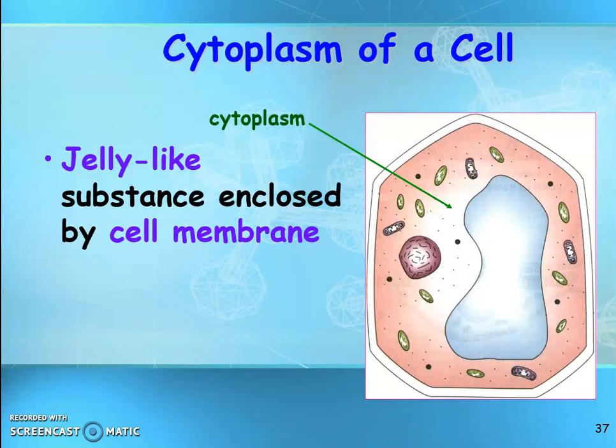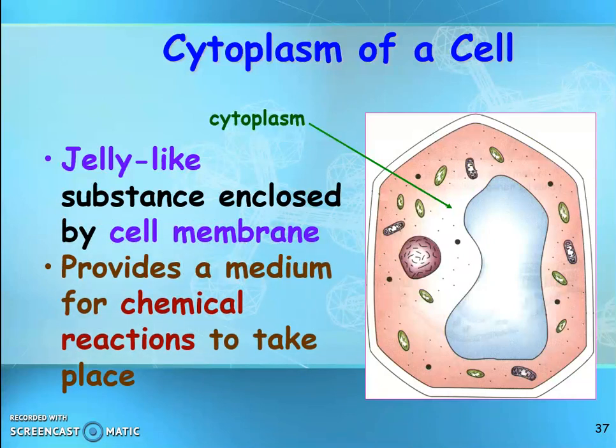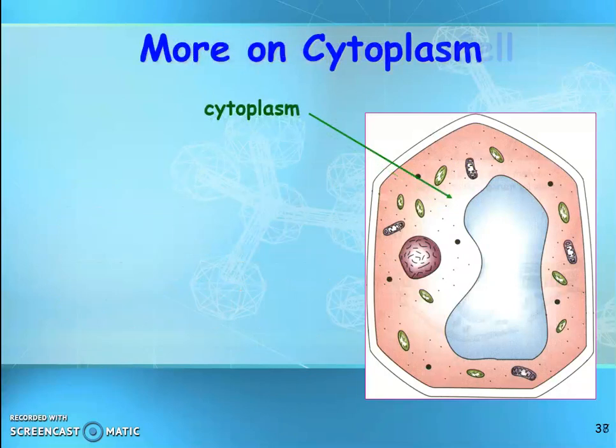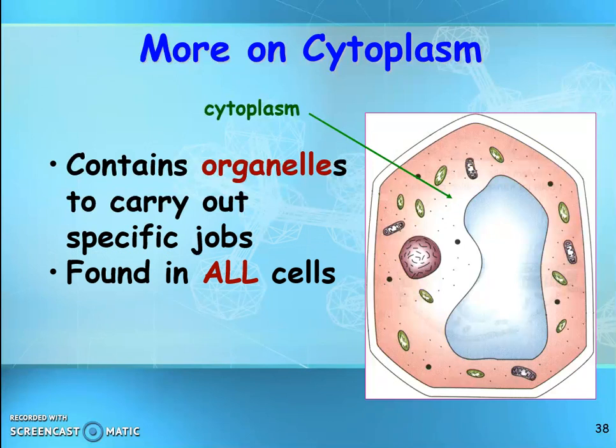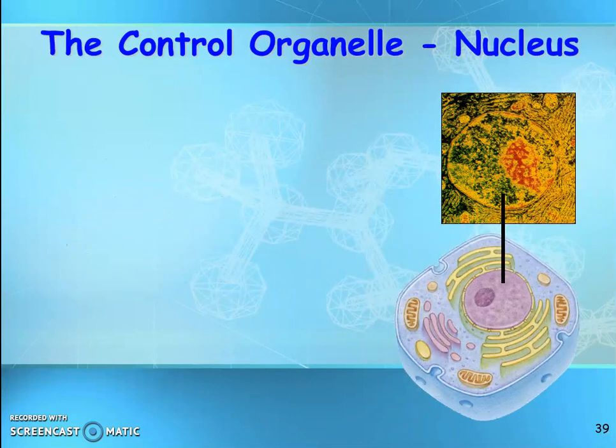Cytoplasm is a jelly-like substance enclosed by the cell membrane and provides a medium for all the chemical reactions to take place. Some of the organelles are suspended in the cytoplasm, and they carry out specific jobs or metabolic functions. The cytoplasm is found in all cells.